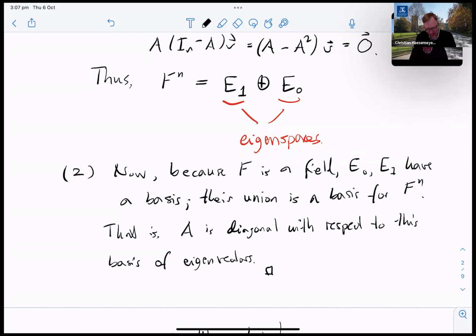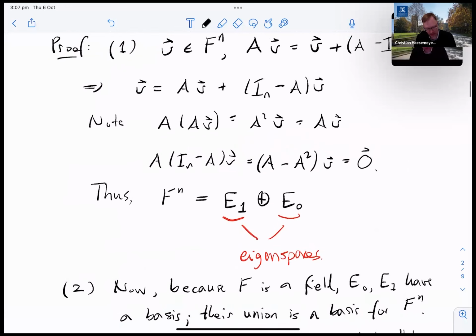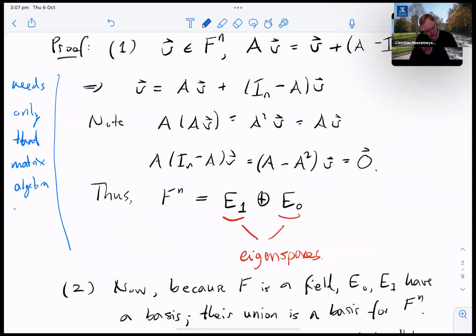So, as I said, there are 2 steps to this proof. The first step really only needs that matrix addition and multiplication are actually well-defined operations, so that matrix algebra makes sense. So we do need to add the entries in the matrix.